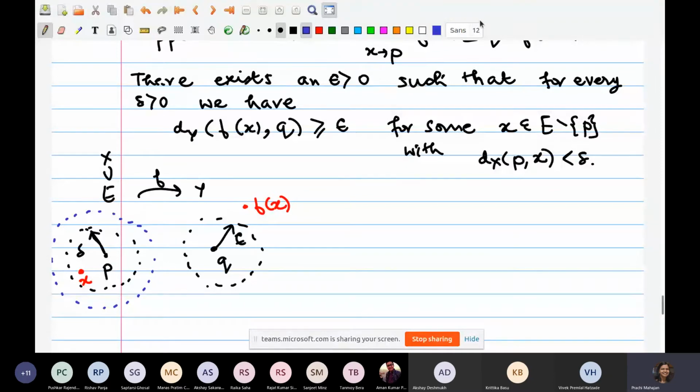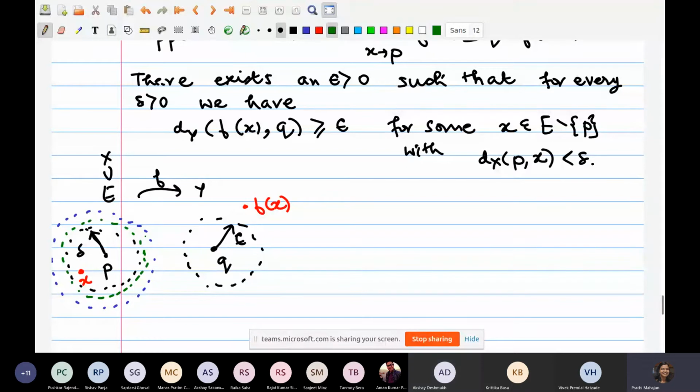Everybody understands that this is the negation of the definition of the limit? See, I'm trying to draw different neighborhoods of the point P in different colors. Is that a yes with everybody? Yes, ma'am. Yes? Okay, all right.